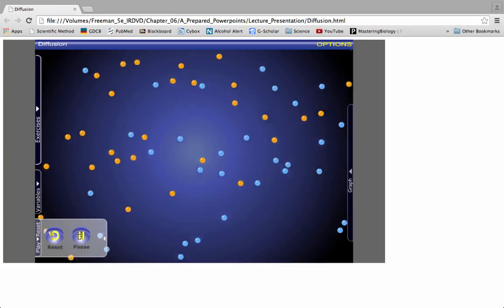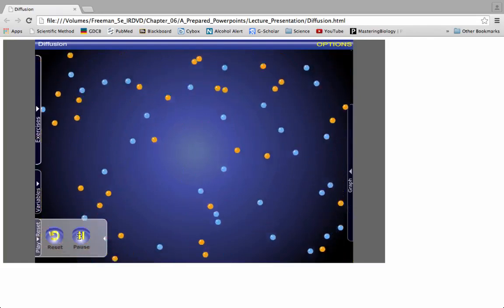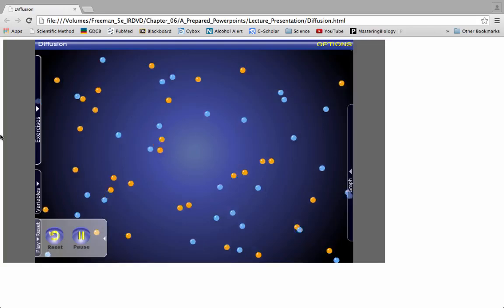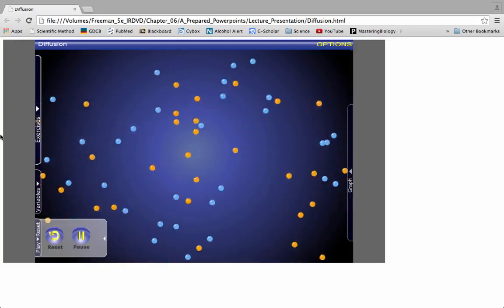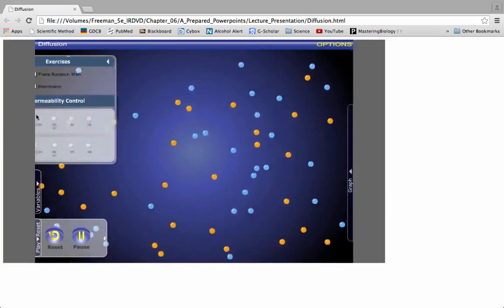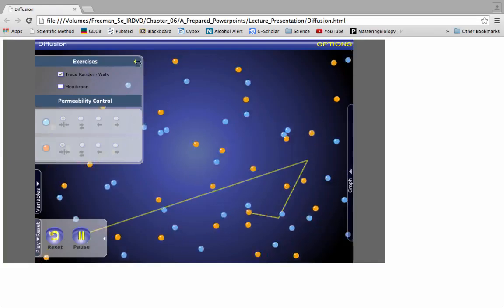So far we've seen that molecules and ions are constantly in motion because they possess thermal energy. In this simulation, there are two kinds of molecules, blue and orange. Now let's see what happens when we put a trace on one kind of molecule.